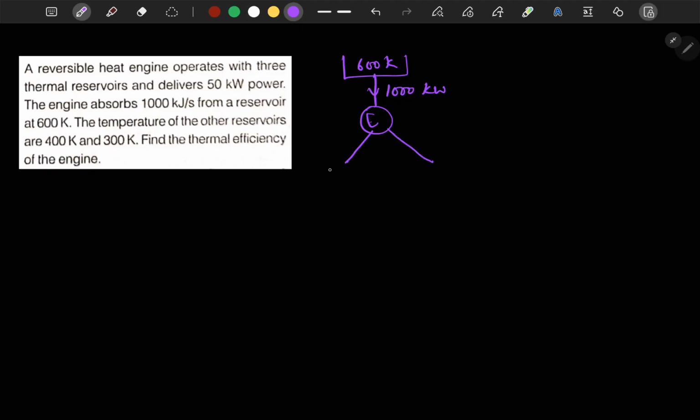Okay, and these other two reservoirs are at 400 Kelvin and 300 Kelvin, and the work produced will be equal to 50 kilowatt.